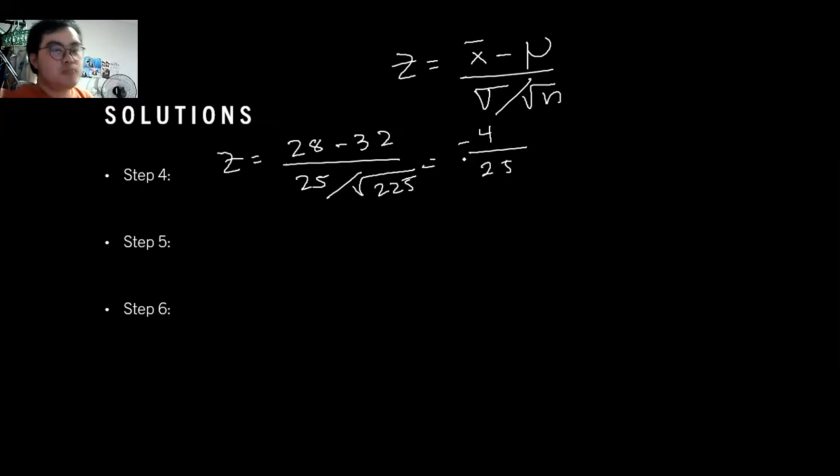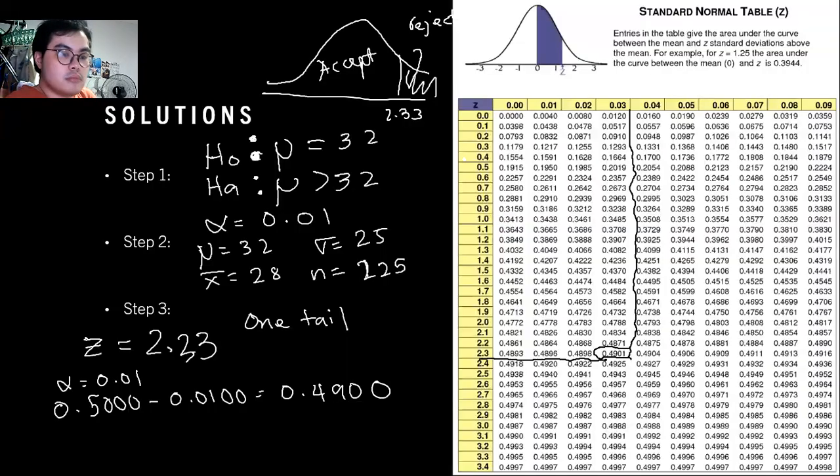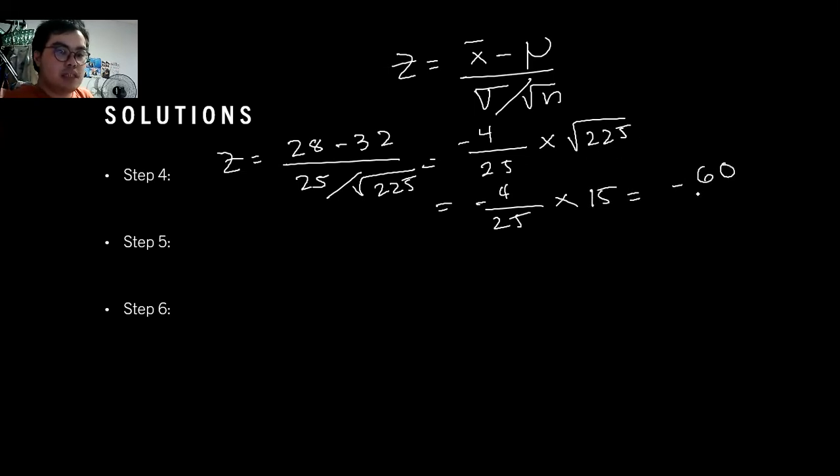Then we multiply by the square root of 225, which is 15. So it becomes negative 60 over 25, which is negative 2.4.